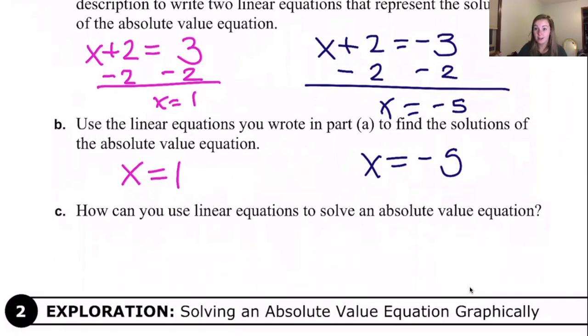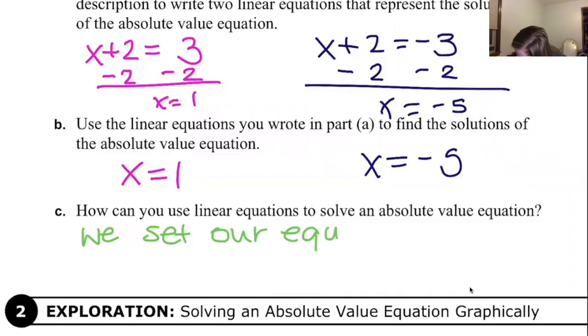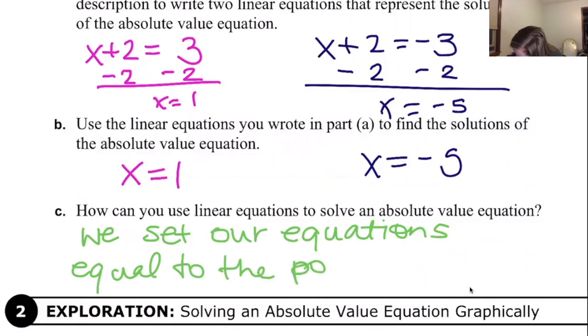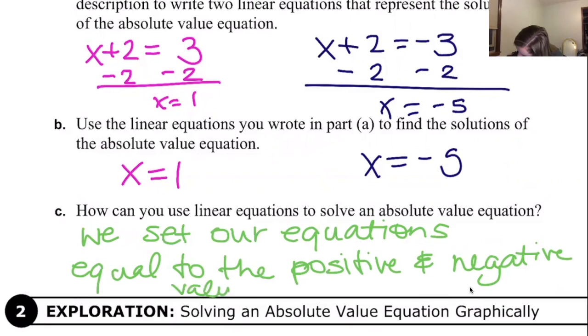We do this by setting our equations equal to the positive and negative form of that number. So feel free to pause this here if you need to get this written down.